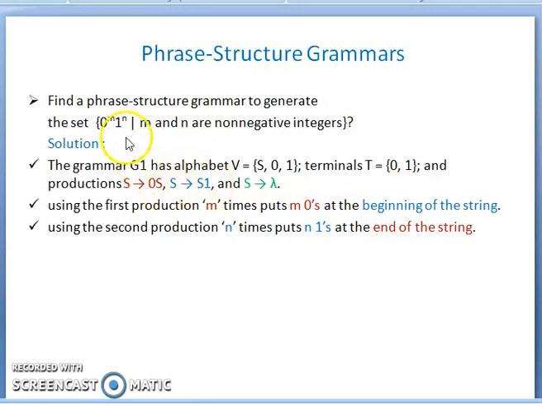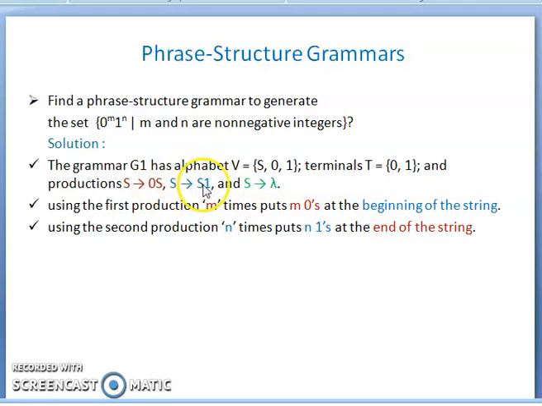For example, if m is 0, S is lambda, the null string, and 0 power 0 gives nothing. If n is 1, S is lambda and S is 1, so you substitute lambda and only 1 is there.